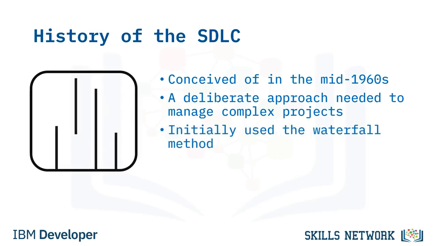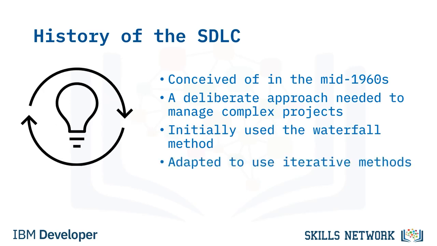In its initial conception, it used what is called the waterfall method to manage projects where the development of software follows a linear pattern through discrete stages. The SDLC has since been adapted, however, to more iterative methods in response to addressing customer needs and shifting requirements. Waterfall and other approaches to software development will be discussed in another lesson.